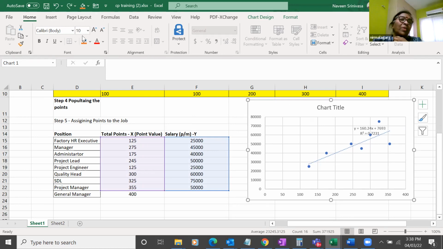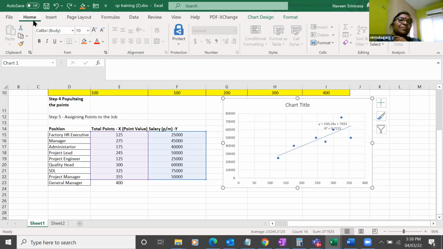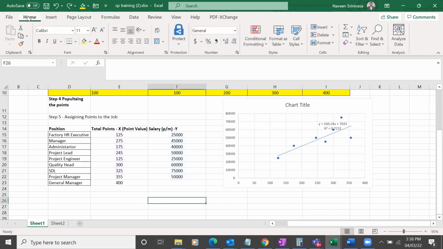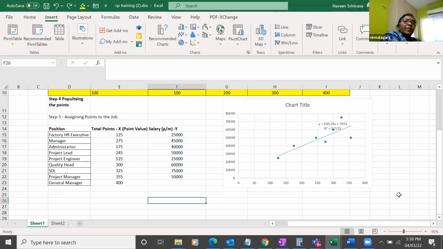Under home, there was one quick layout. Not page layout, sorry. Undo that. Don't highlight home, come out of home. Select the chart.